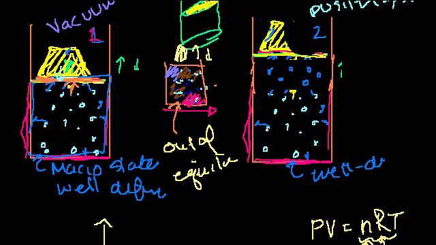I had different temperatures at different points in the system. I could have had a different pressure here than I had up here. The volume might have been fluctuating from moment to moment. So when you're outside of equilibrium, you can't say that those macro variables are well defined.